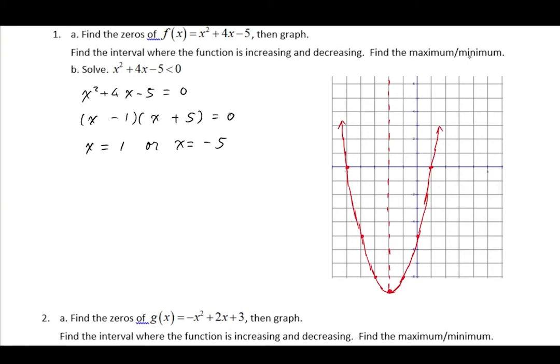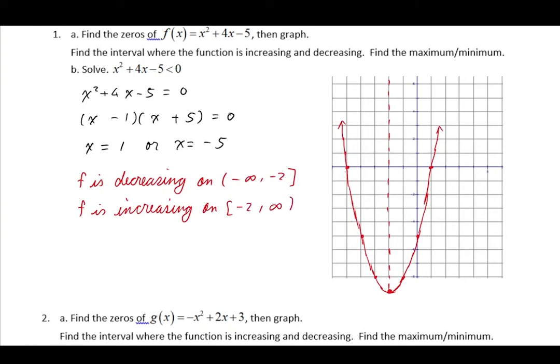Okay, now then let's say f is decreasing right here, this part, on negative infinity to this time negative 2, and f is increasing on starting from negative 2 and all the way to infinity.